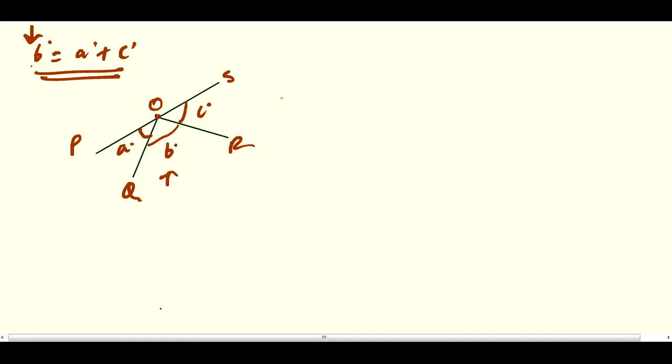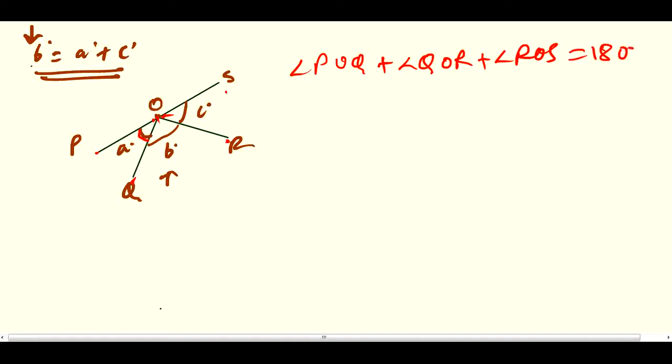Again POS is a straight line, a straight angle is here which equals 180 degree, and three angles we are having here and we have to name them. The first is POQ, second is QOR, and third is ROS. So POQ plus QOR plus ROS equals 180 degree.